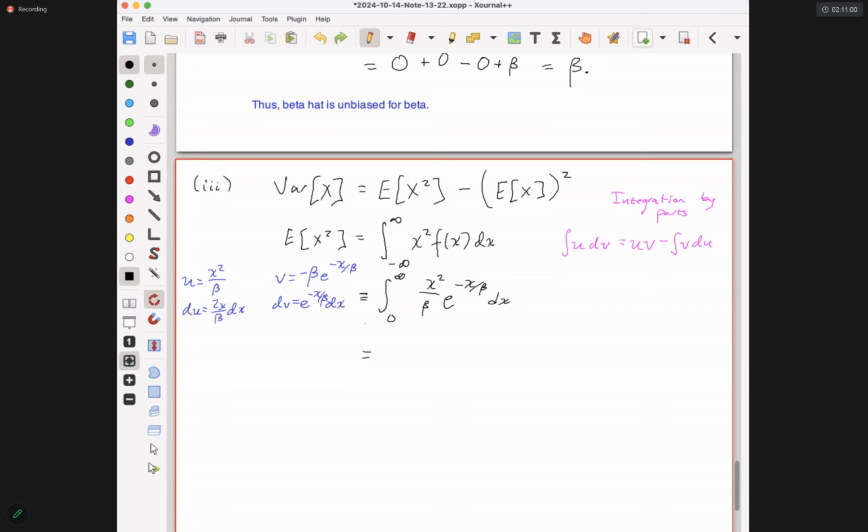It's just going to be uv, which is x squared over beta times negative beta e to the negative x over beta, which is negative x squared e to the negative x over beta, evaluated from x equals 0 to infinity minus the integral of negative beta e to the negative x over beta times 2x over beta dx.